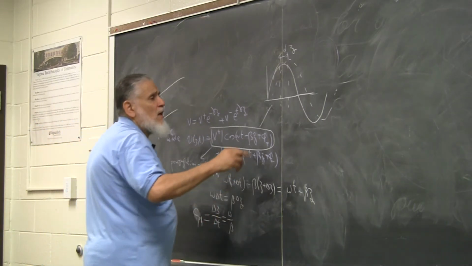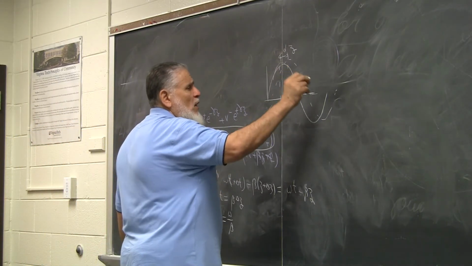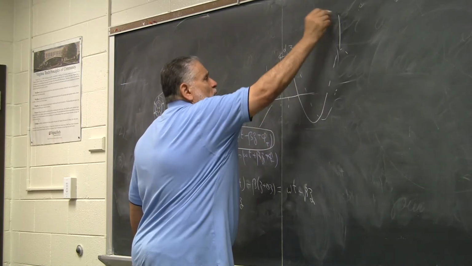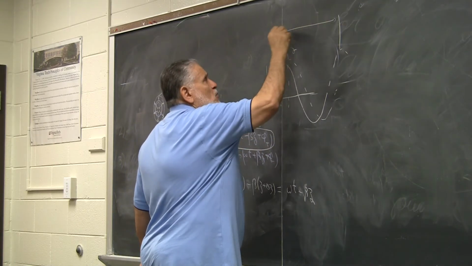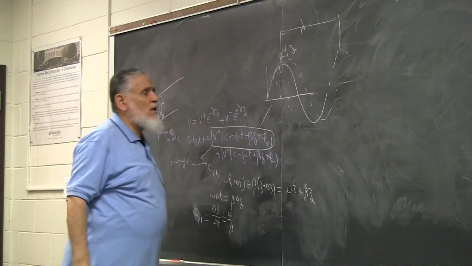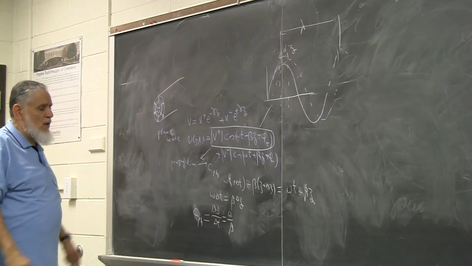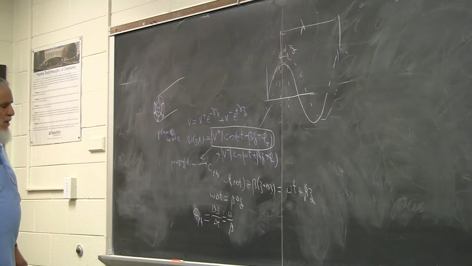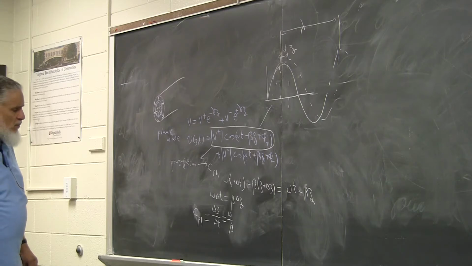Beta, as we discussed as well, comes out to be 2 pi over lambda, where lambda is the distance between two peaks on this waveform.